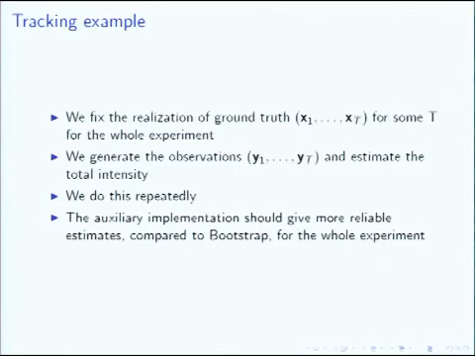Let's look at an example to do with the efficiency of the implementation of an auxiliary particle idea. In this experiment, I've fixed the realization of ground truth for the length of the experiment, t, which is 40 in this case, or 30. For that fixed realization of ground truth, I generated observations.